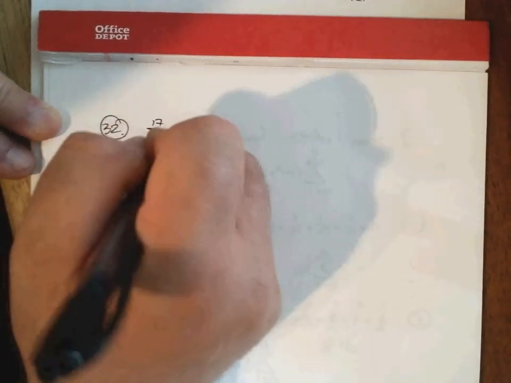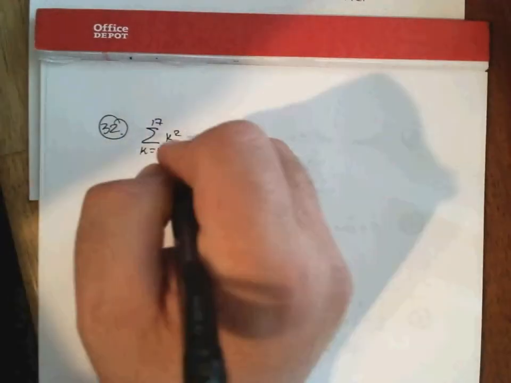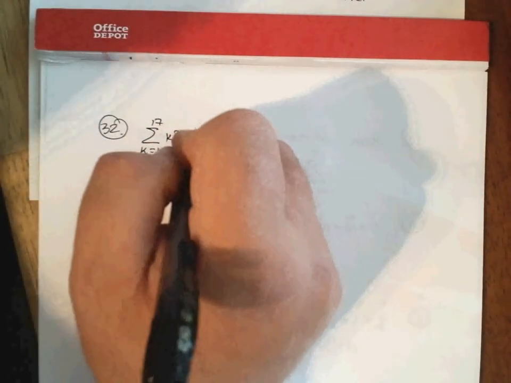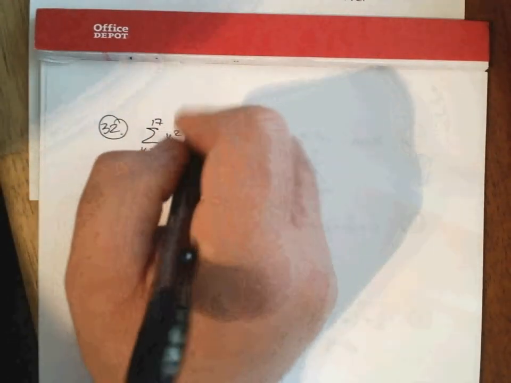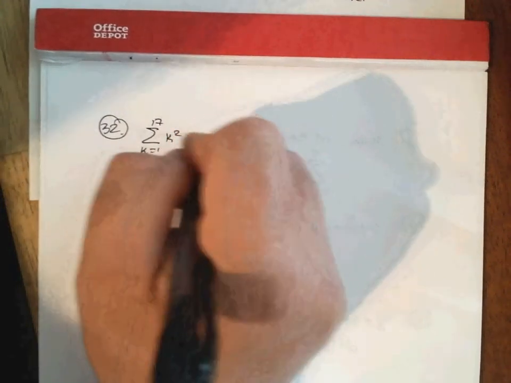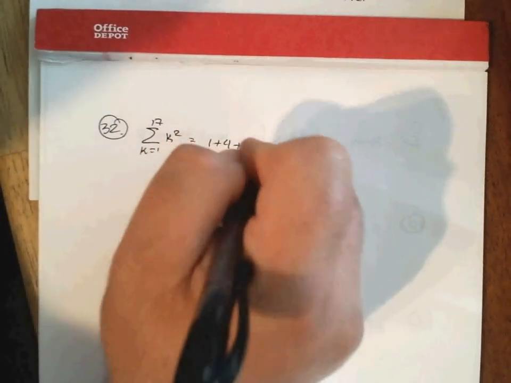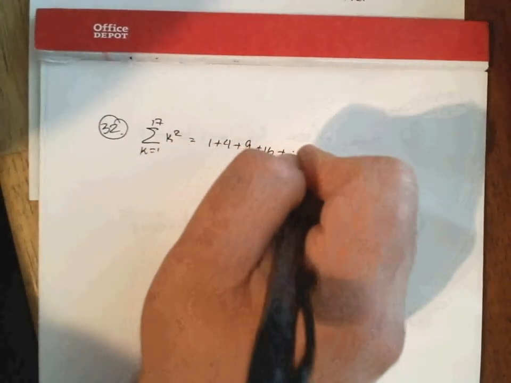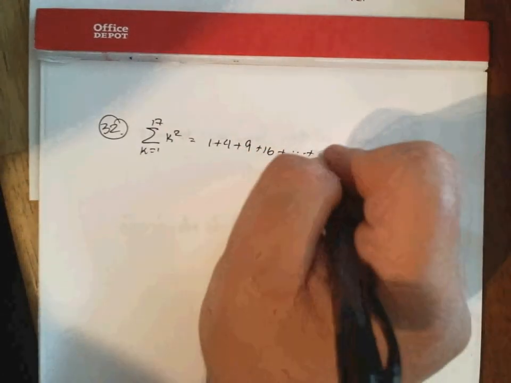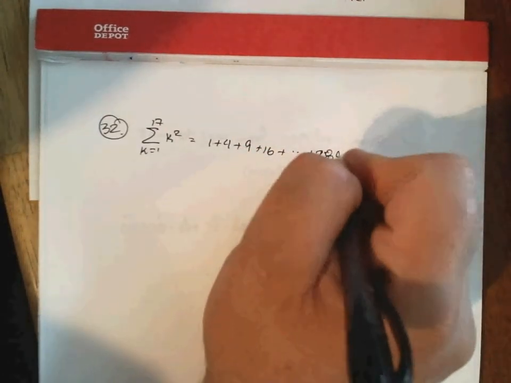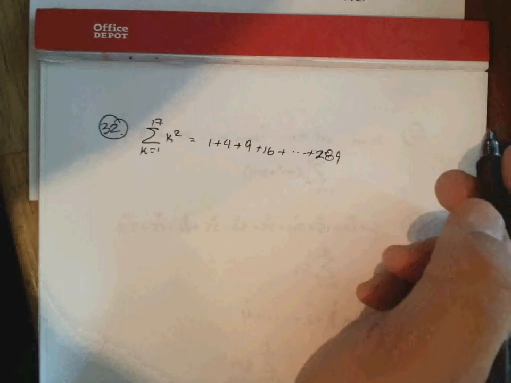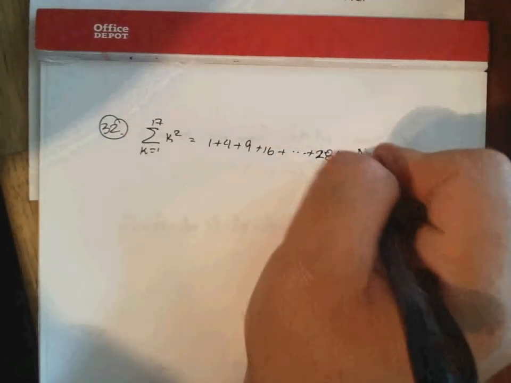In 32, we're given the sum from 1 to 17 of k squared. And we're asked to find that sum. Okay. Well, this is not an arithmetic sequence, and this is not a geometric sequence being summed up. This simply looks like 1 plus 4 plus 9 plus 16, on and on, until you get to 17 squared, which is 289. And those are what you're adding up.